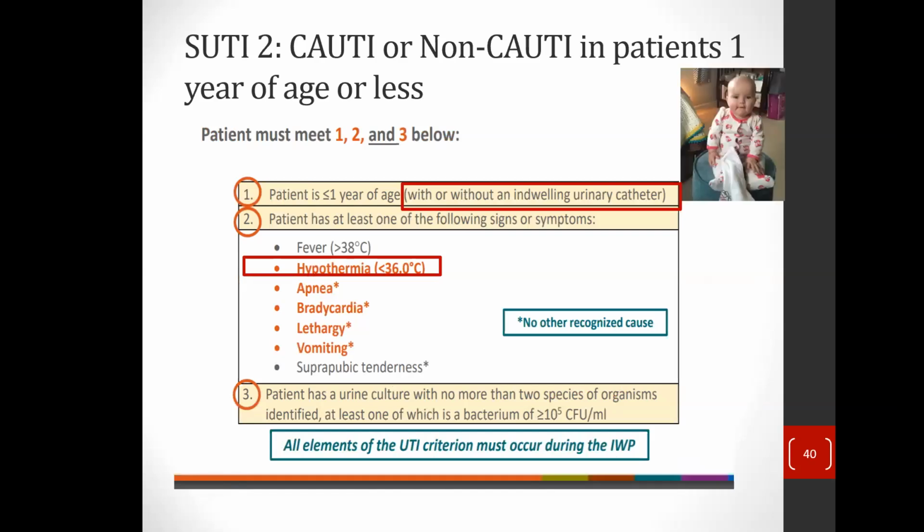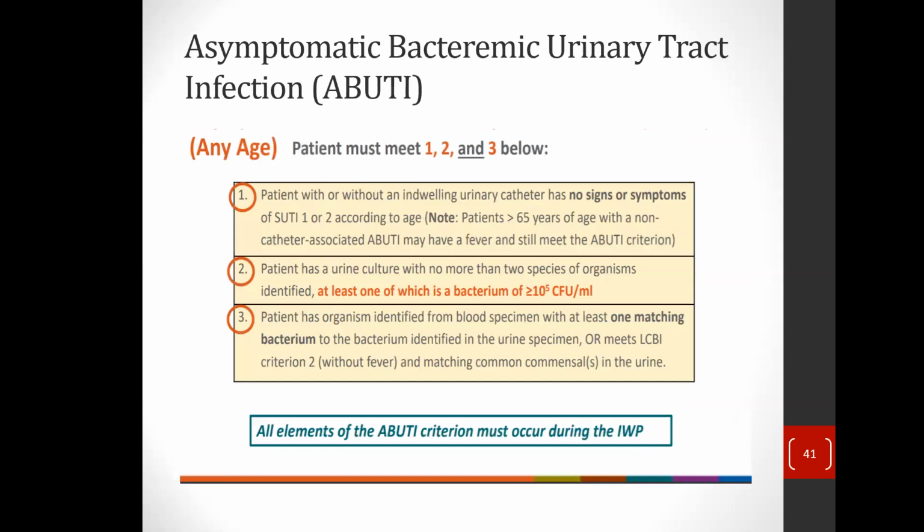It is considered a non-specific symptom. So you don't see any asterisks or any carets by that. If they have hypothermia, it must be attributed to a urinary tract infection if they meet the rest of the criteria. But then the number 3, the urine culture, you look at it just the same. And here's the criteria for that one that I mentioned before, the asymptomatic bacteremic urinary tract infection.